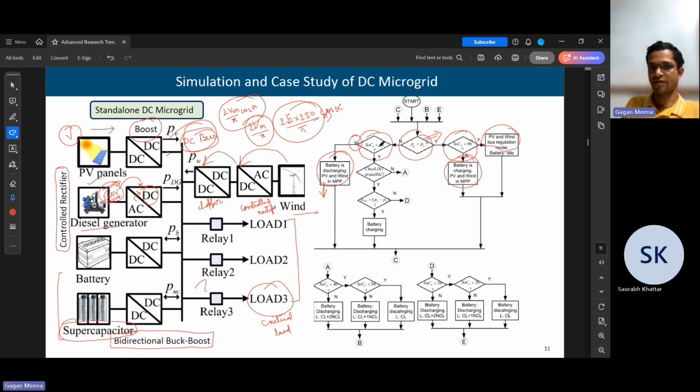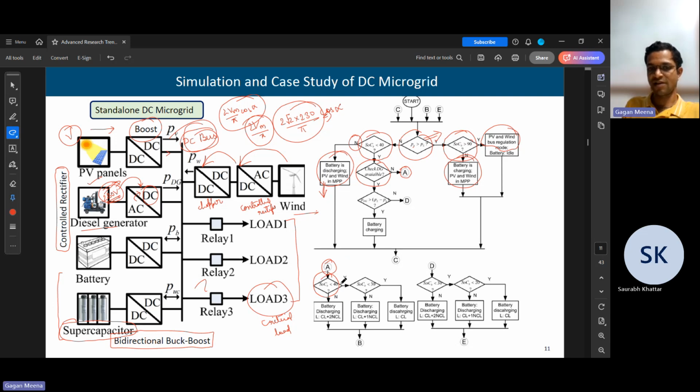Now, if the SOC is less than 40%, then we need to check whether the diesel generator is available. If the diesel generator is not available, then we will go to here and we check the SOC.